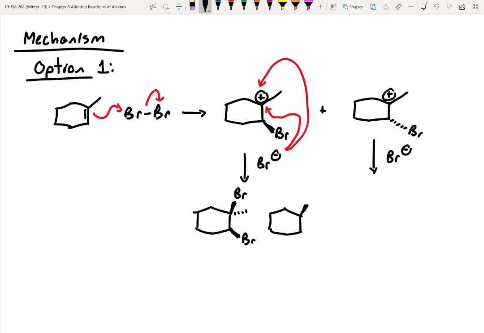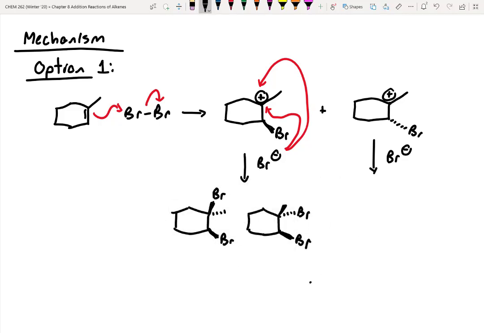If that happens, then the bromine would be a dash on the top. So let me slide this over just so we have enough room. Do we agree on those two products, at least based on this proposed mechanism? We don't know if it's right yet. We're just proposing it. Same thing with this other one. You could say, well, it could do either a top or bottom side attack there.